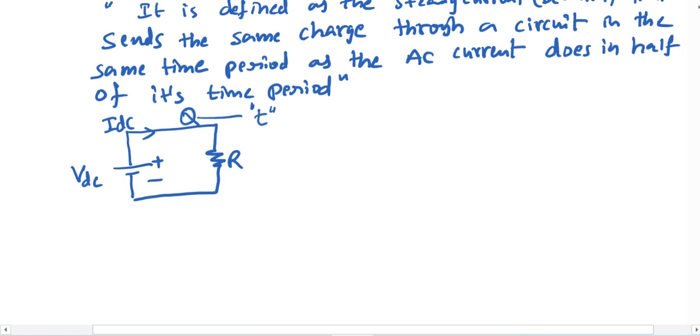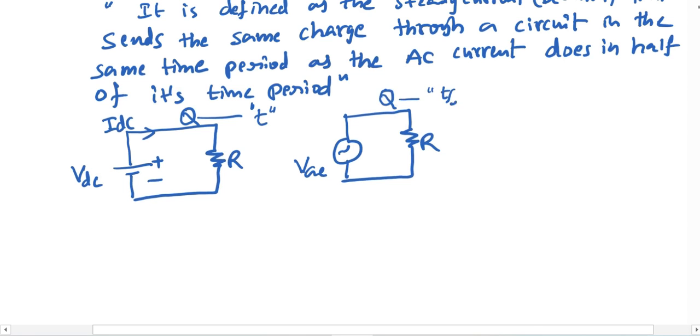Q is the amount of charge produced by this DC circuit. But if you go for the AC system, this is my VAC with R, it also produces the same amount of charge Q in half of the time taken by the DC system. So that is the meaning.